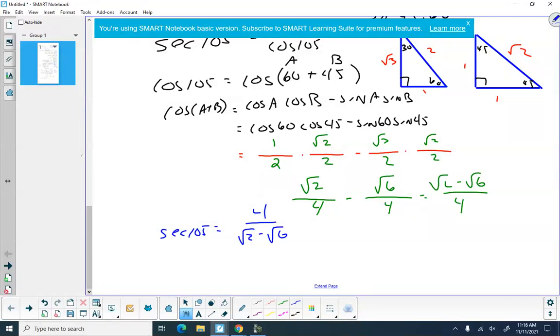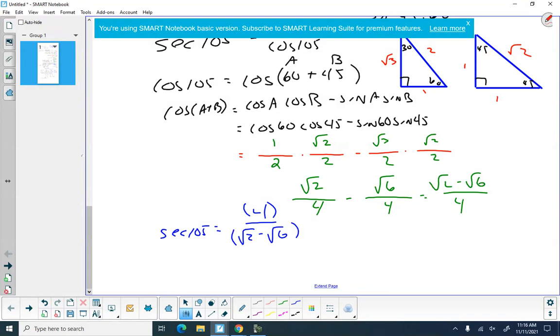To get that one additional point, you have to rationalize your denominator, which takes it to that next level of mathematics. If you get to this point and show me that you have 4 over square root of 2 minus square root of 6, this is worth 6 points, you get 5 of 6 points. Okay?